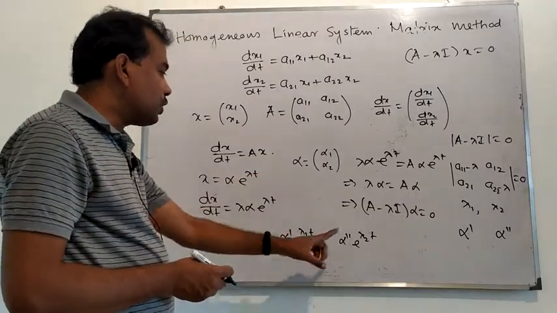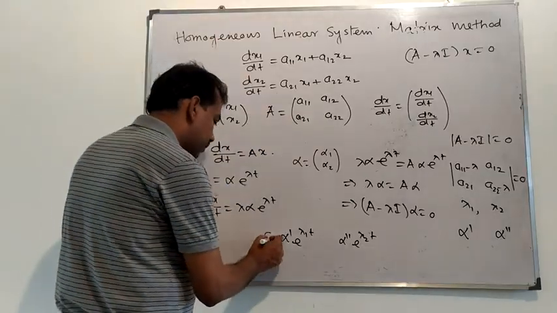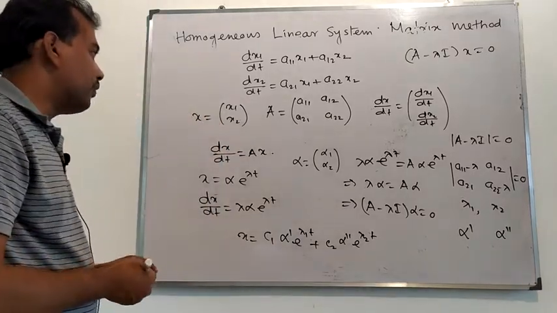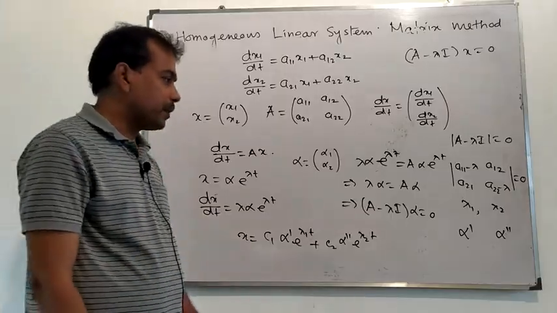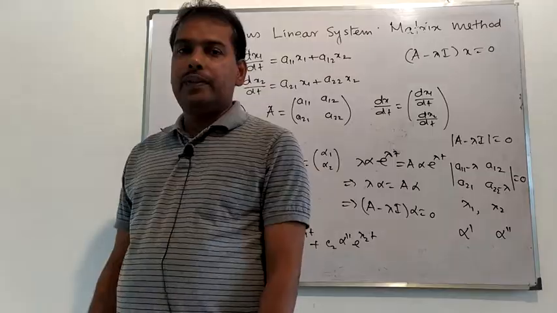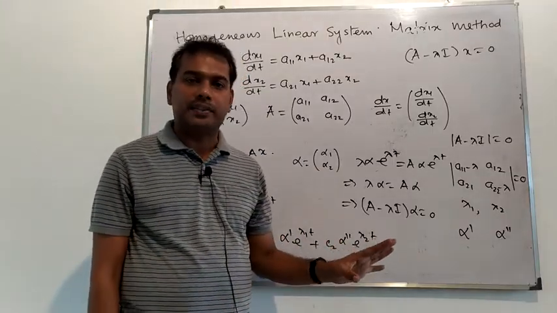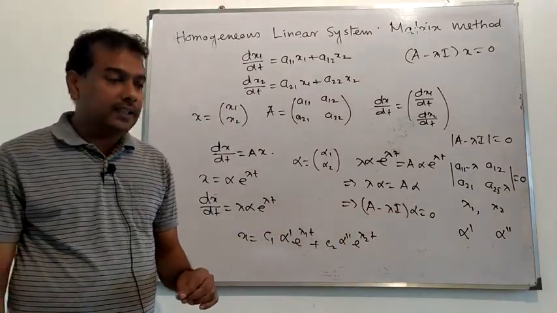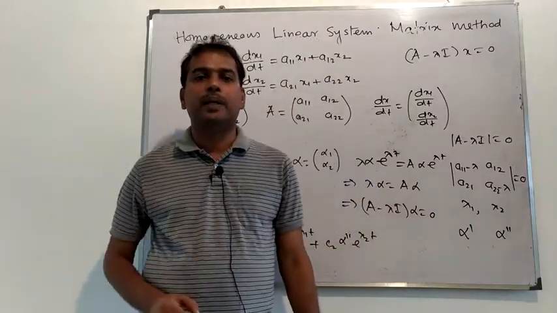And using these two linearly independent solutions of this system, we can find the general solution of the linear system, where C1, C2 are arbitrary constants. When lambda 1 equals lambda 2, then we can also find two linearly independent solutions. How to find two linearly independent solutions when lambda 1 equals lambda 2?